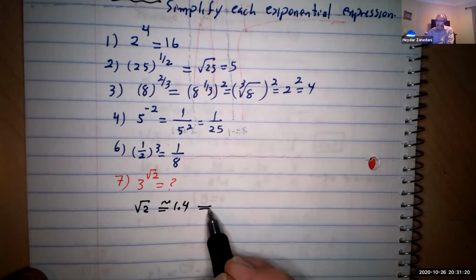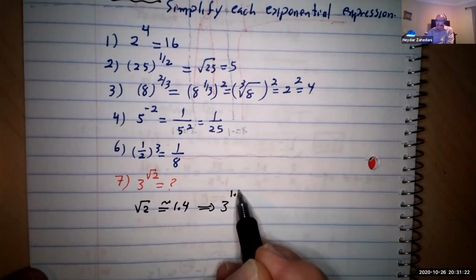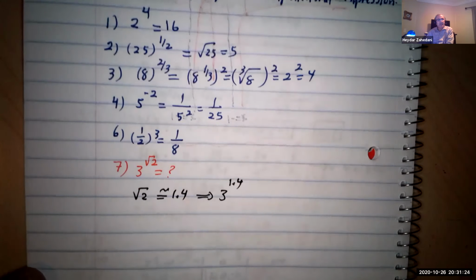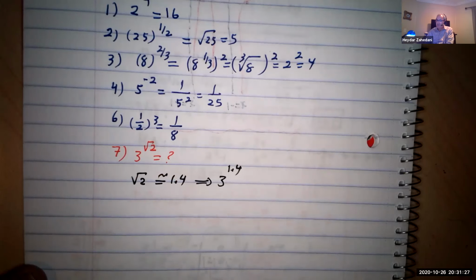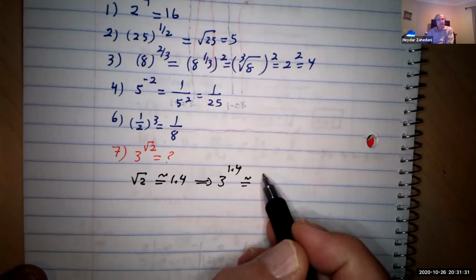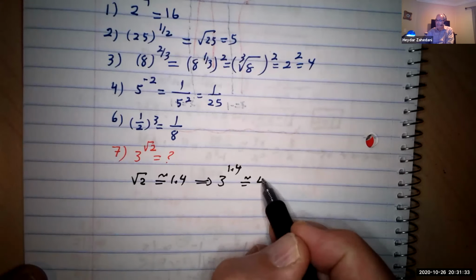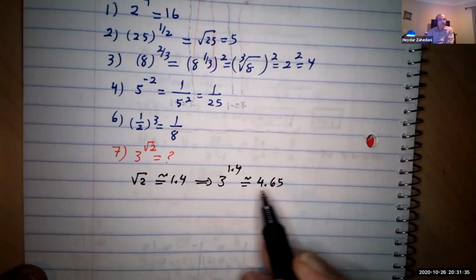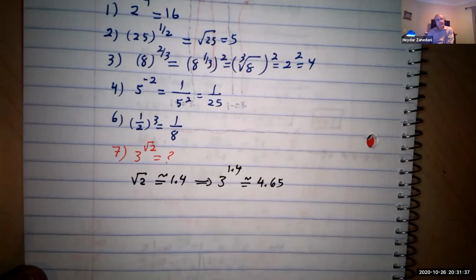So this means I should find 3 to the 1.4. Now I can use my calculator. We can use your calculator and get an estimate for 3 to the 1.4, which is going to be 4.65. So this is going to be an estimate for 3 to the radical 2.